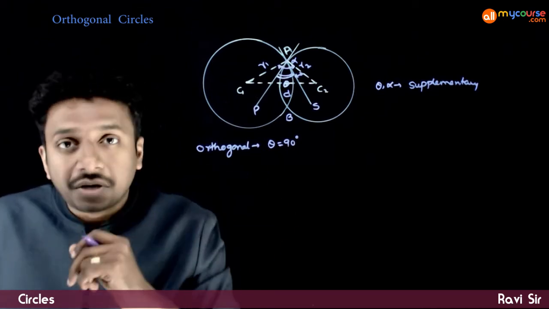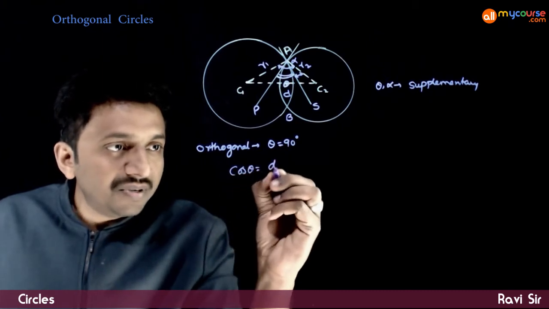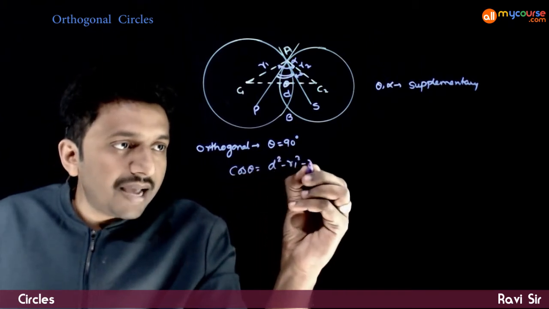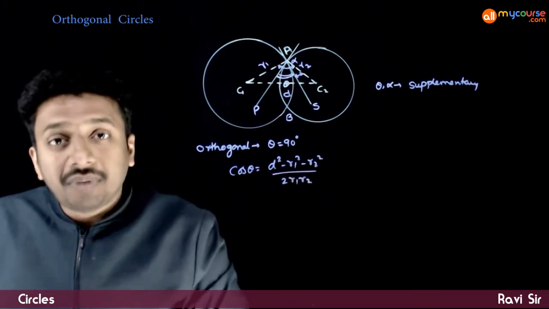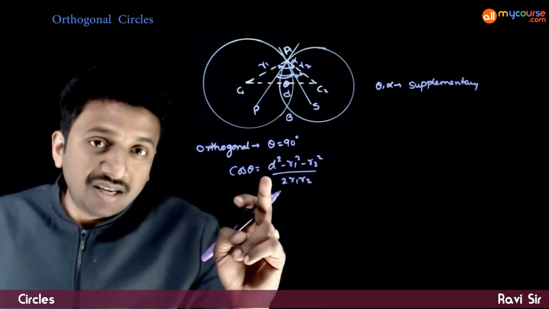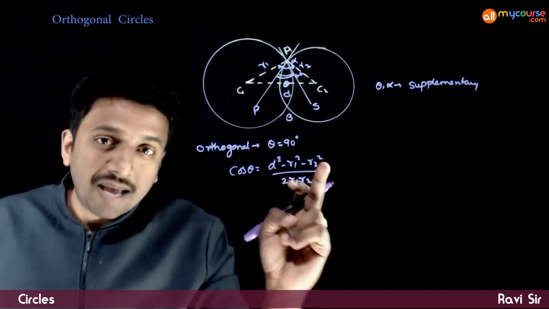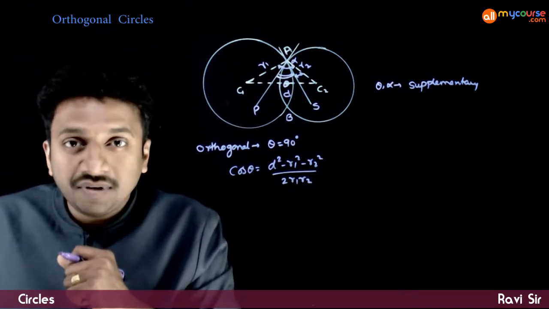Now what is the condition for orthogonality? We have seen that cos theta is equal to d square minus r1 square minus r2 square by 2 r1 r2.